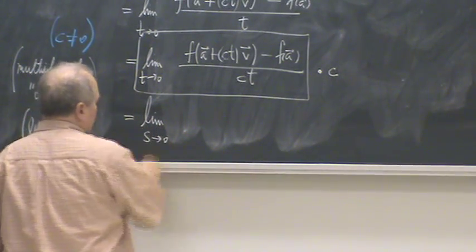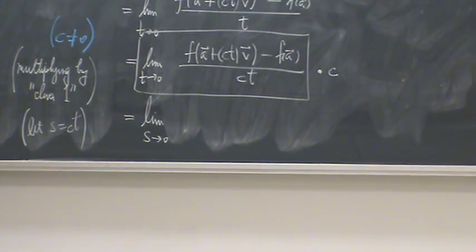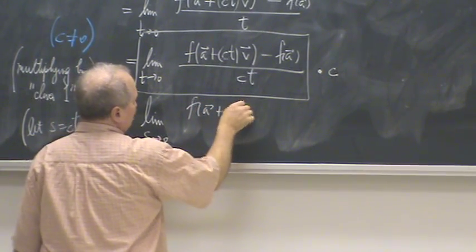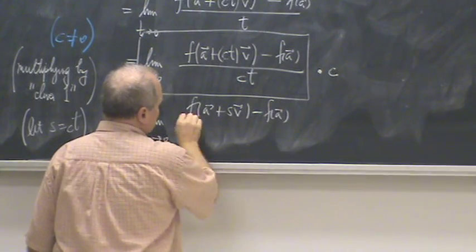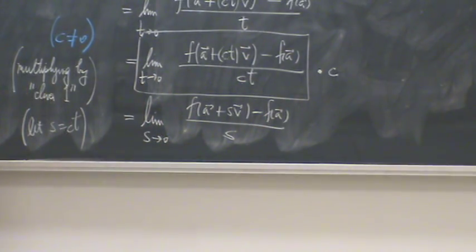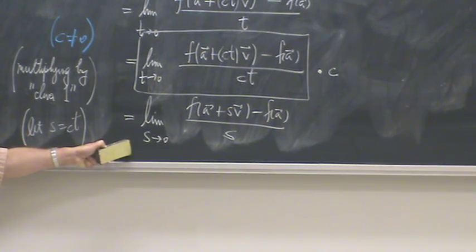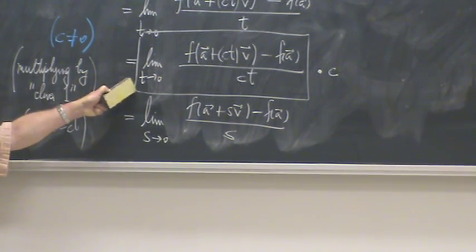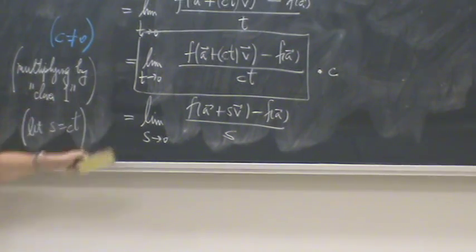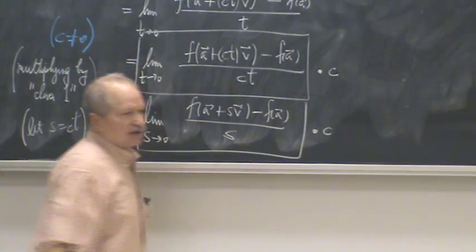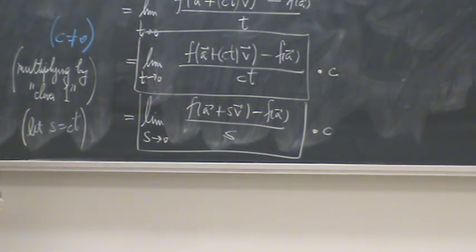Those of you who are in love with deltas and epsilons can modify things appropriately. But if I substitute s for ct, and observe that as t is going to 0, s is going to 0, and vice versa, this is now my definition of the directional derivative, but I have times a c. Done.